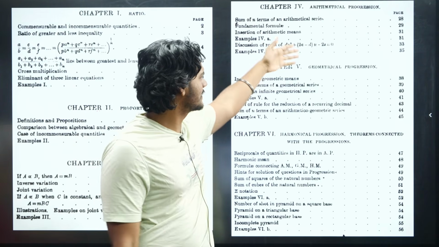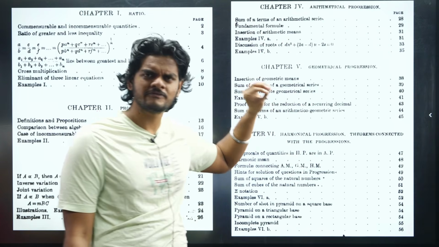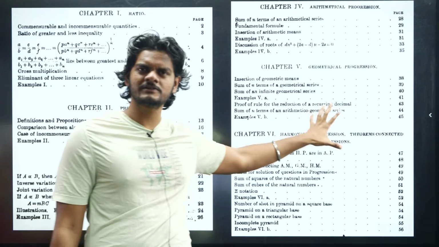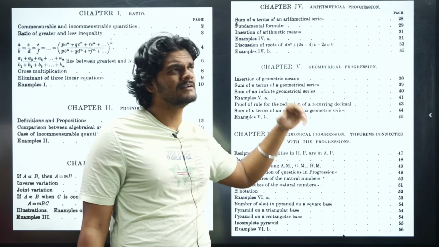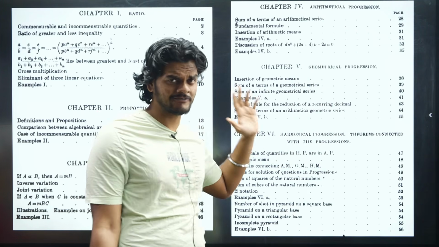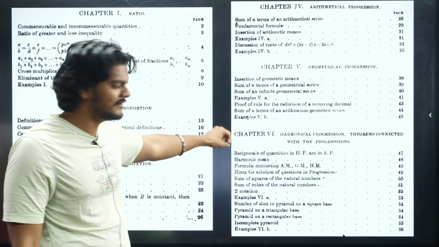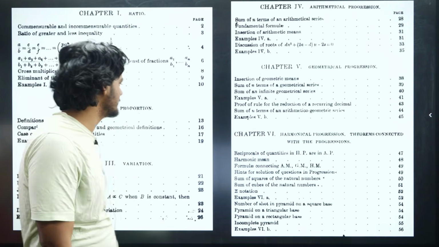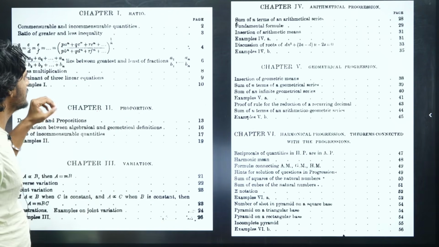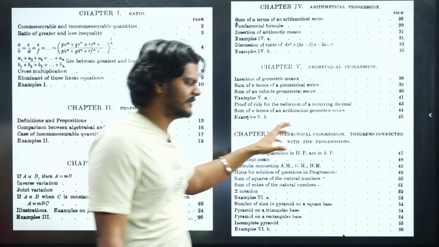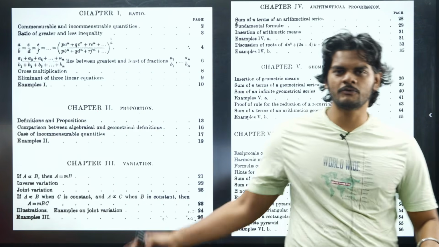And arithmetic progression, geometric progression, harmonic progression, we know these topics in the school syllabus. All these are covered, at least till 10th. And there are means and the relation between them, the inequalities, all the normal things are covered in the first few chapters.